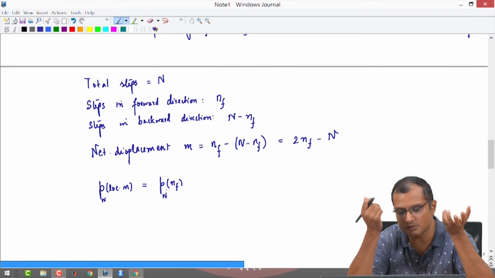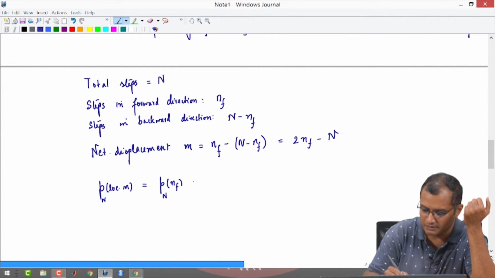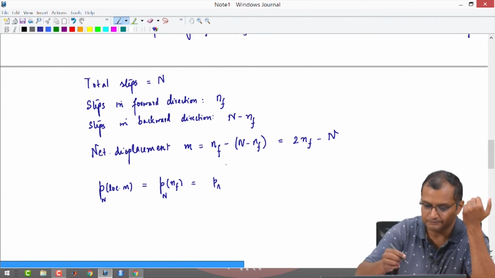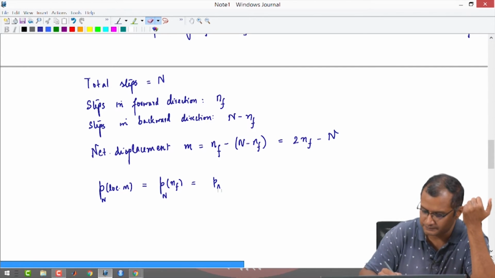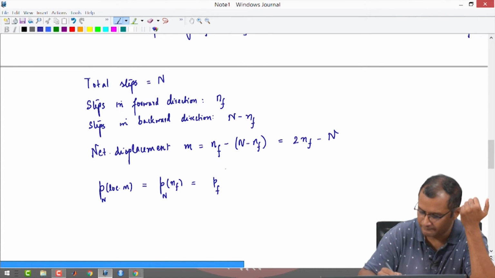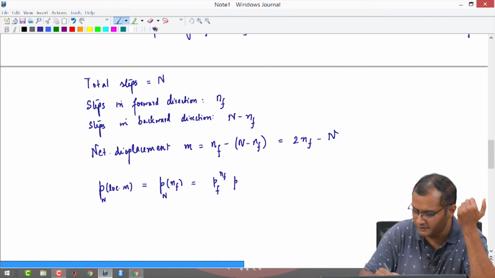So, it suffices to just take the probability of NF here, and that would be nothing but, as we have already seen, the probability of a forward step to the power NF times the probability of the backward step to the power N minus NF, and the combination which is N choose NF.